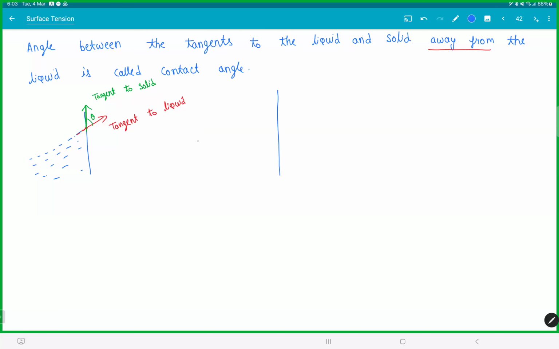Suppose you take mercury and glass. Away from the liquid is this, away from the liquid is this. This is the contact angle. So this is mercury and glass, and if you observe, theta is obtuse. And here theta is acute.